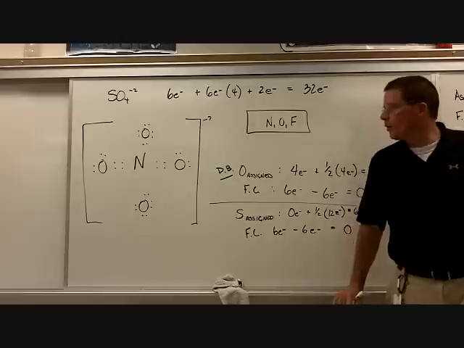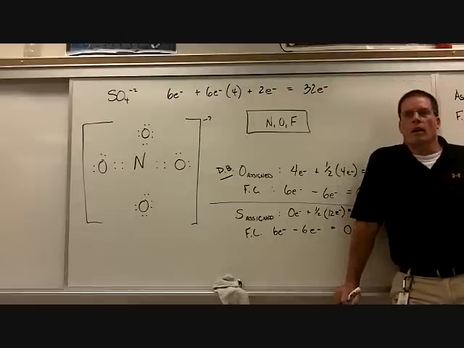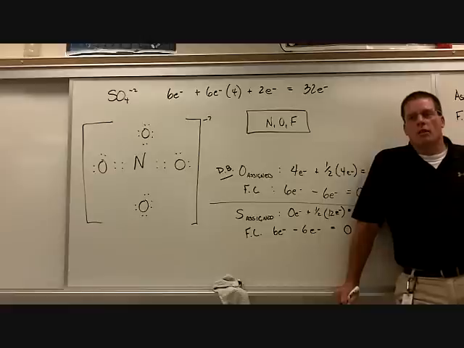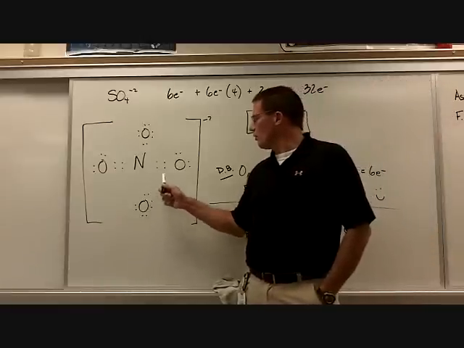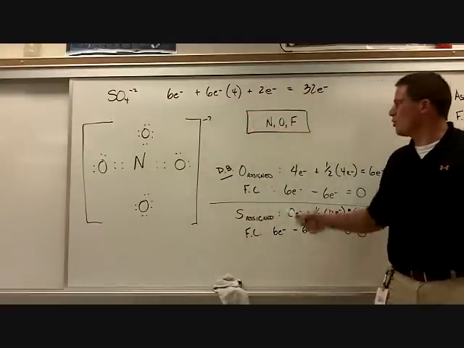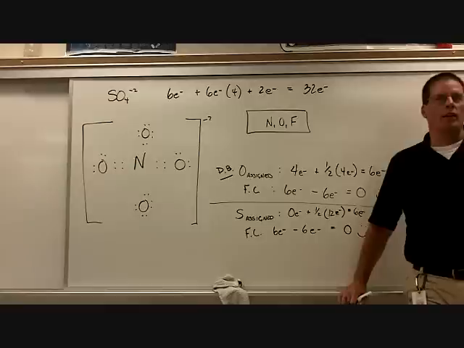Why is that not going to work? Because, well, the numbers don't work out. Okay. They don't work out, but why? I guess my question is, why would this number of electrons not be good for nitrogen or oxygen or fluorine as a central atom?